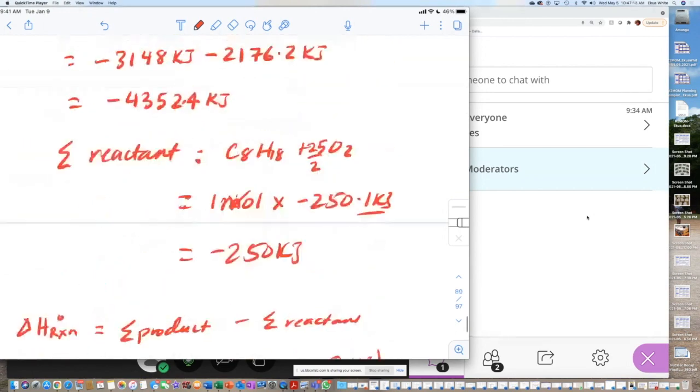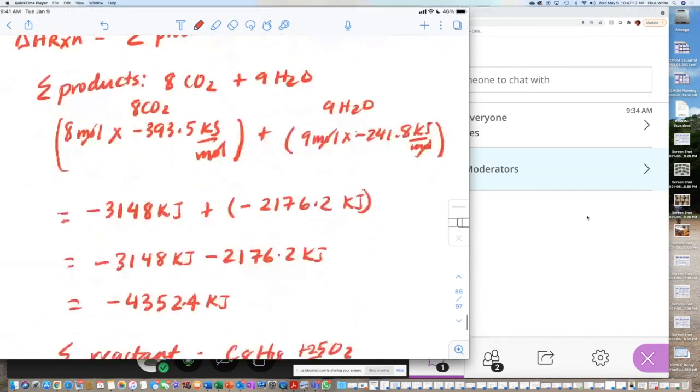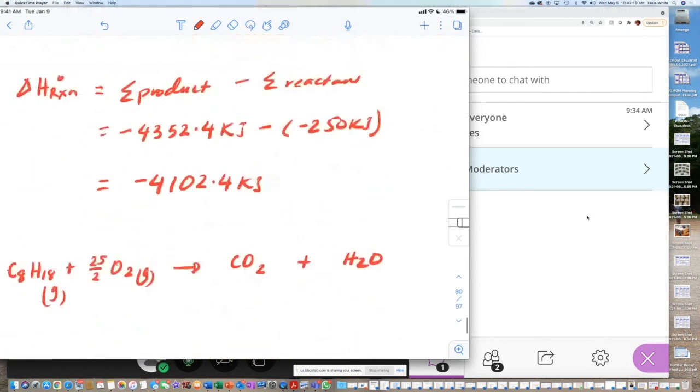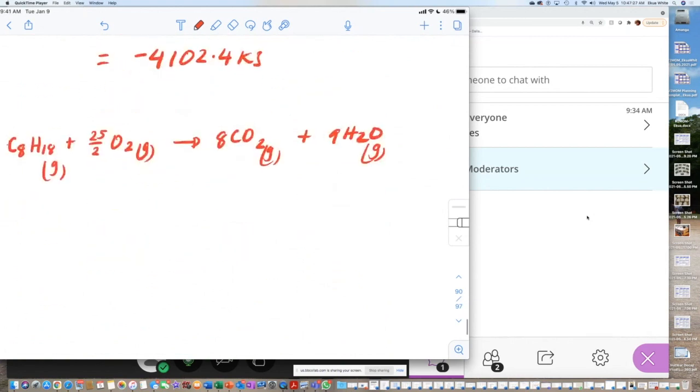And let me see, the coefficient for that was it 8 and 9? 8 and 9 moles of the products. The amount of energy released here, the delta H of this reaction, is equal to negative 4102.4 kilojoules. Okay, that's what we're saying based on what we got.